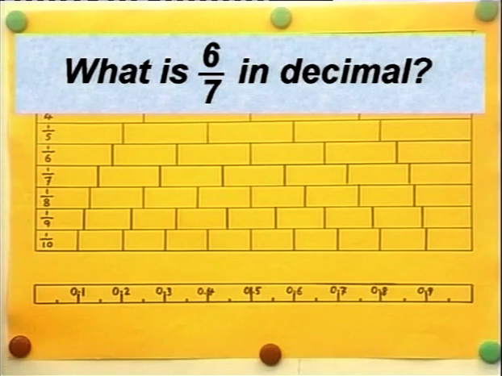In other words, you are changing 6 over 7 to decimal. So how can you change that to decimal? Receiving students and ATs, you can discuss in your group how you can change 6 over 7 to decimals. Receiving teacher, please encourage your students to discuss the answer.